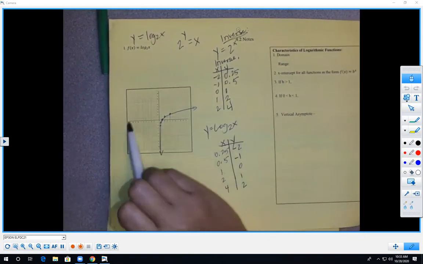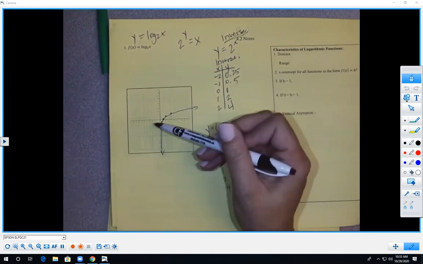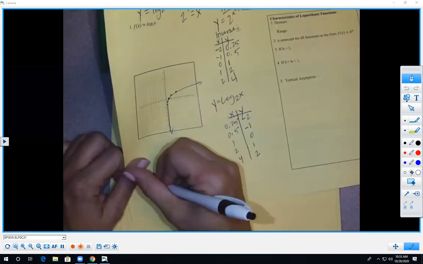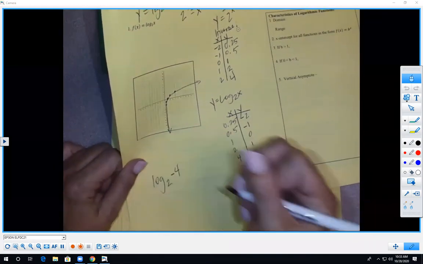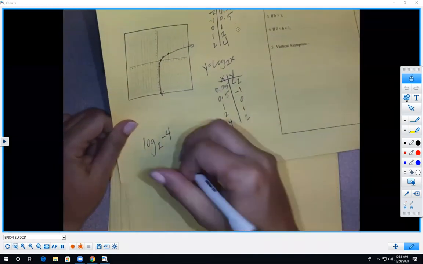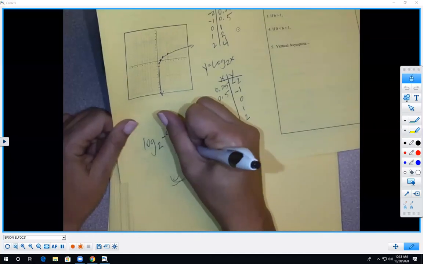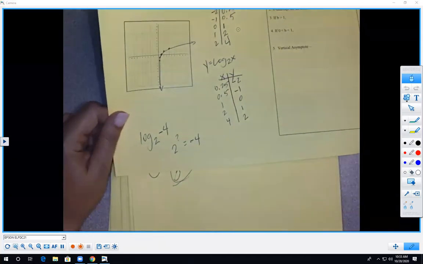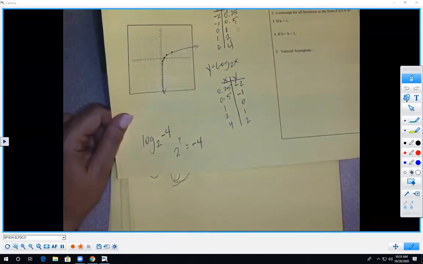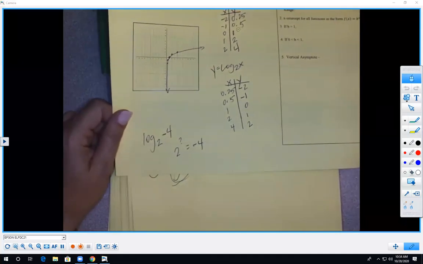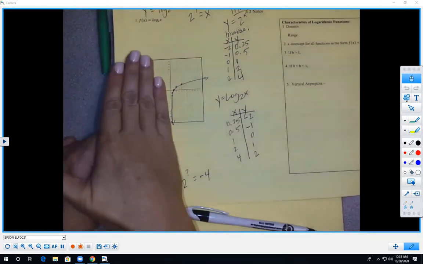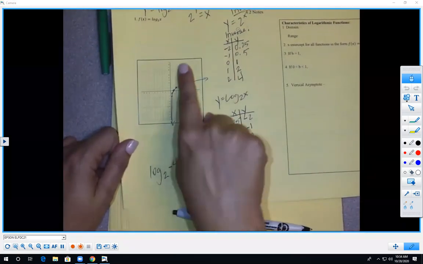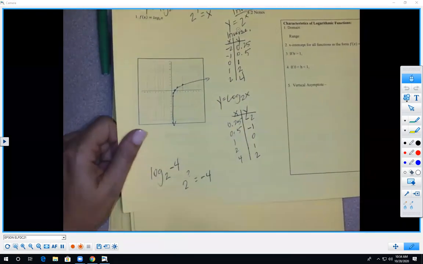No, you cannot, because if I was trying to find log base 2 of, let's say, -4, 2 to what power equals -4? I can't raise something to an exponent and get a negative number. So you can't take the log of a negative number. That's why our domain is restricted to the positive quadrant over here. What is the domain of this log function?